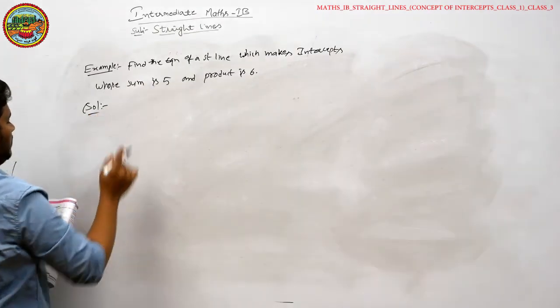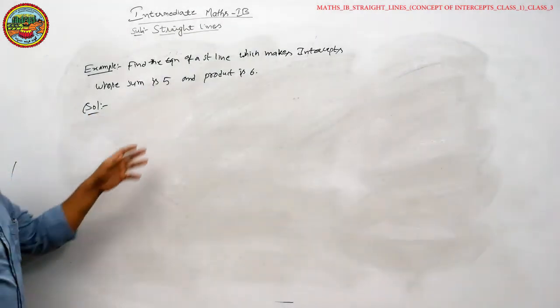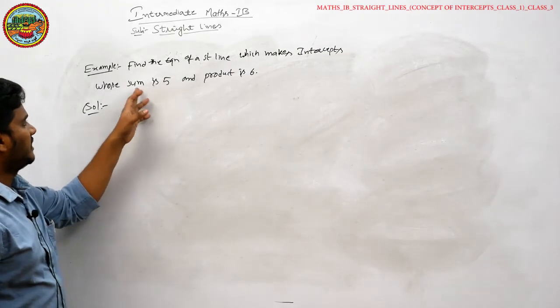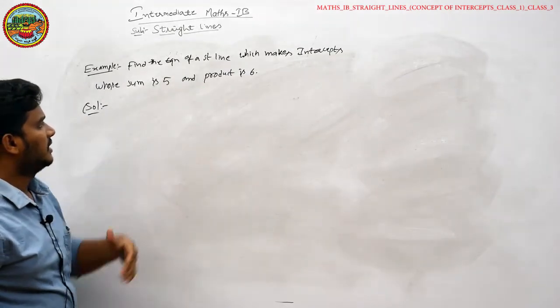Okay, solution. Here the intercepts sum is given as 5 and the product is 6.